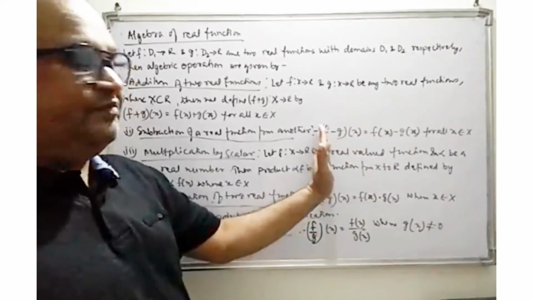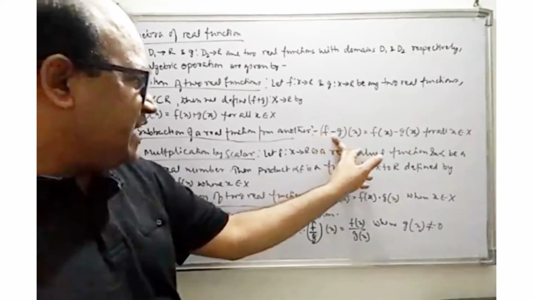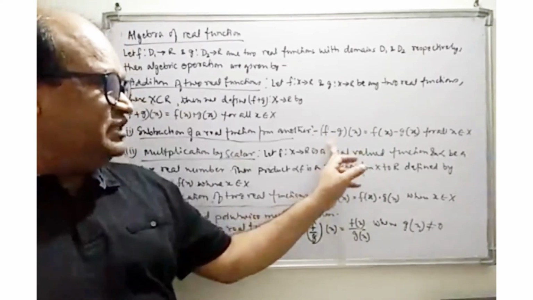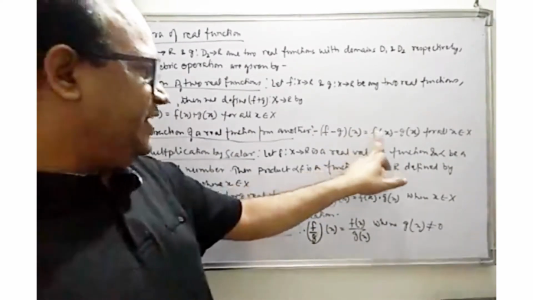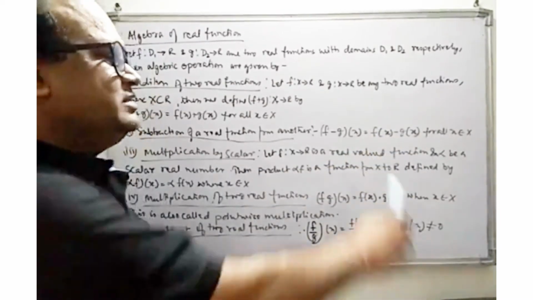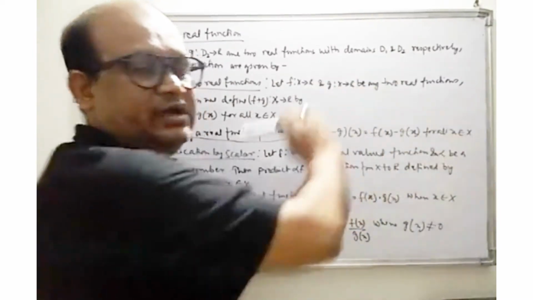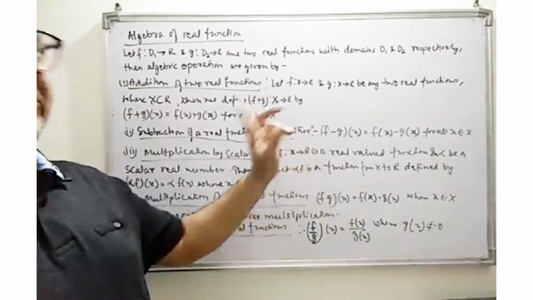That is the subtraction, or the difference, of these two functions, f(x) minus g(x), where small x belongs to capital X.